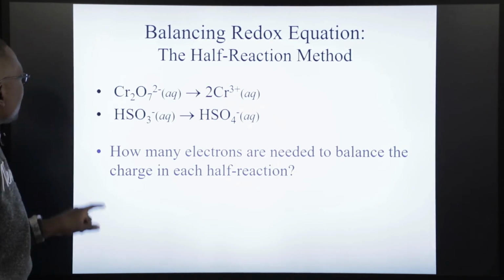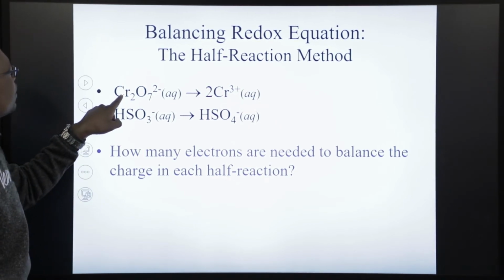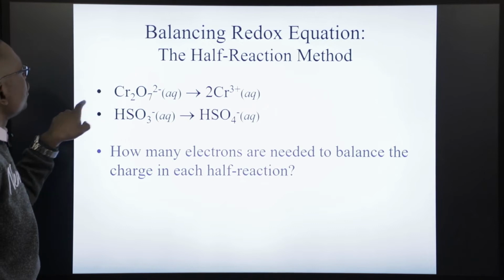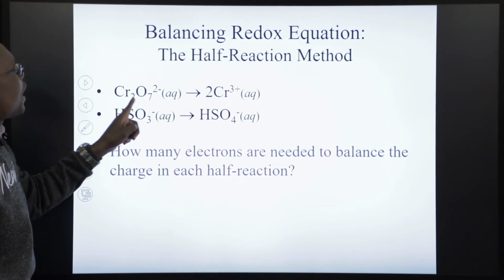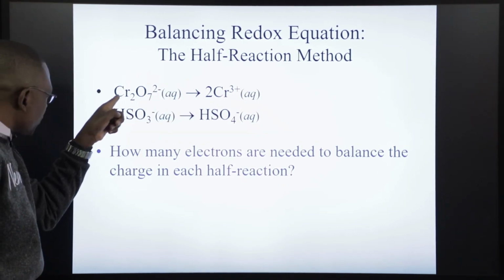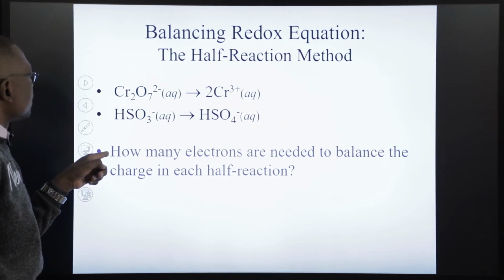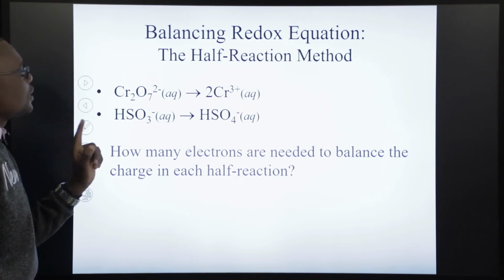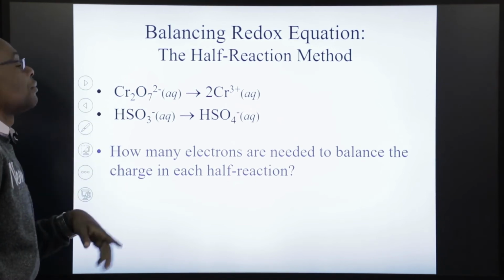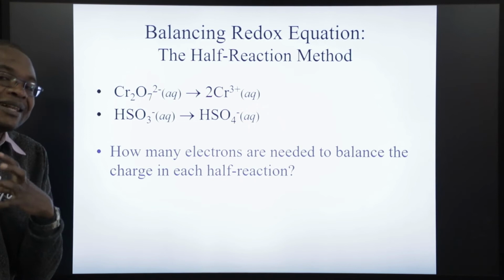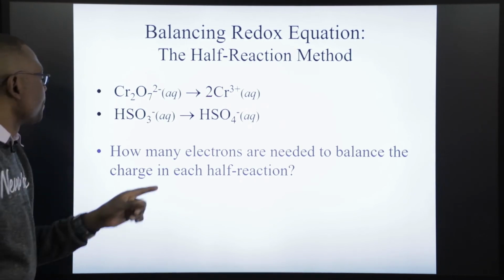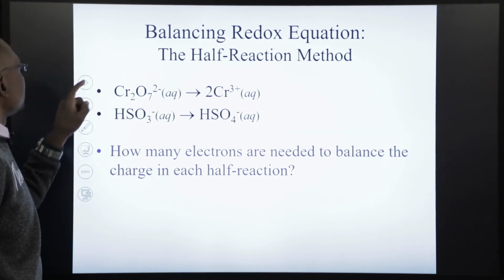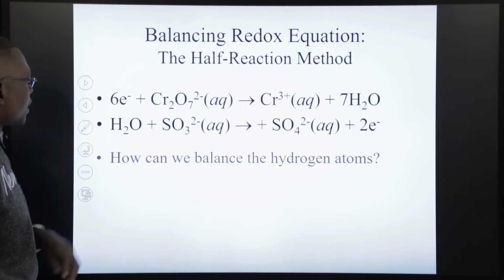without preempting, chromium is changing from 6 plus to 3 plus. So each chromium atom is going to need 3 electrons. If it is going to need 3 electrons and we've got 2 of them, that means we need a total of 6 electrons coming from somewhere to reduce this dichromate ion.